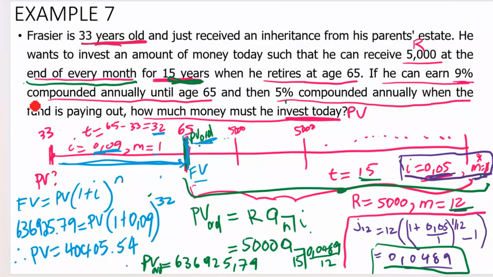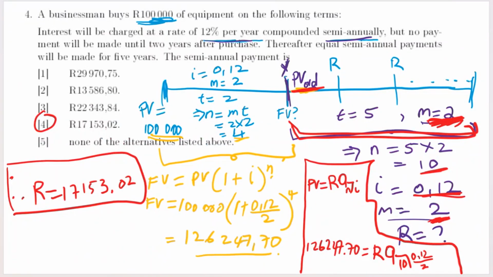We did not know this present value, so we needed to start from this side and move backwards to get the future value, because the future value is similar to this one. After getting the future value, we came to this formula. But in this case, we were given the present value and we are looking for the R. So we needed to start from the beginning going forward. So I've contrasted those two examples.